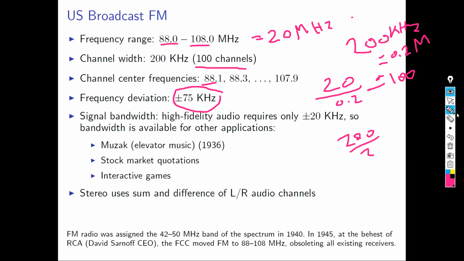Everybody should know this information as it is frequently used in practical real life, and know that each FM channel has a bandwidth of 200 kilohertz, and if you divide the total bandwidth assigned for FM over the bandwidth of each channel, you get the number of channels you can have in your system.